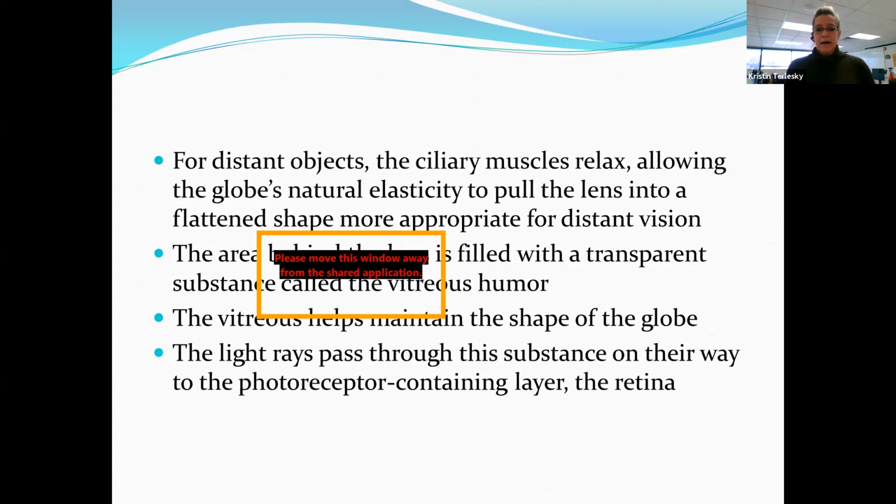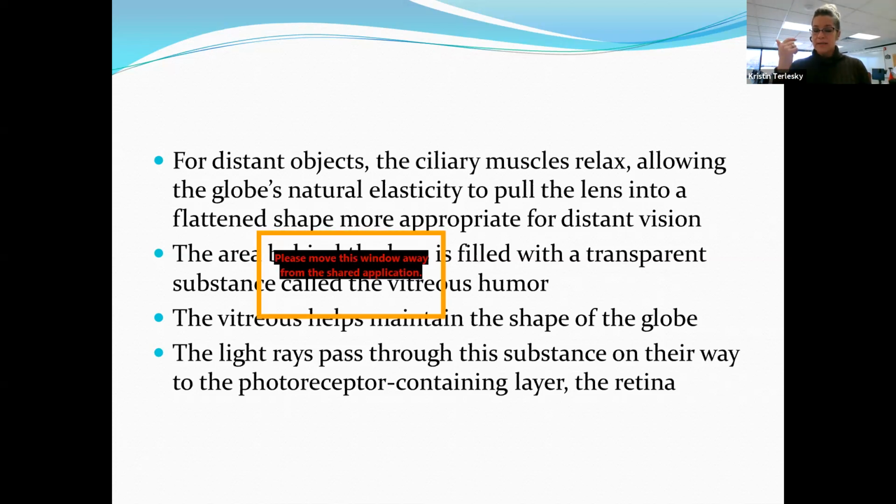All right. So behind that, we got that far. Behind that then is going to be what they call your posterior chamber, and that is filled with vitreous humor. That's the watery liquid there. So we have the anterior chamber at the front with aqueous. We have the posterior chamber towards the back, and that's going to be your vitreous. The vitreous humor helps maintain the shape of the globe, which I'll show you a picture of in a second.